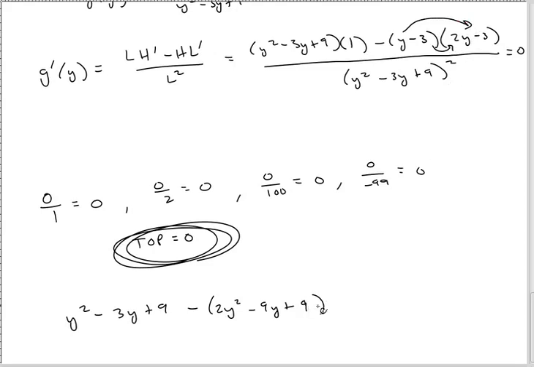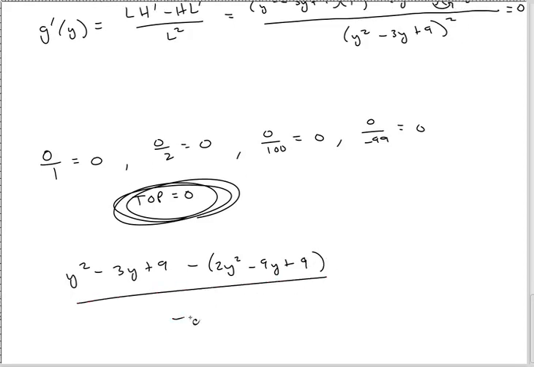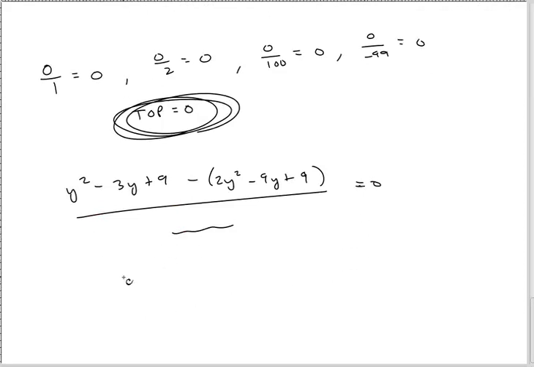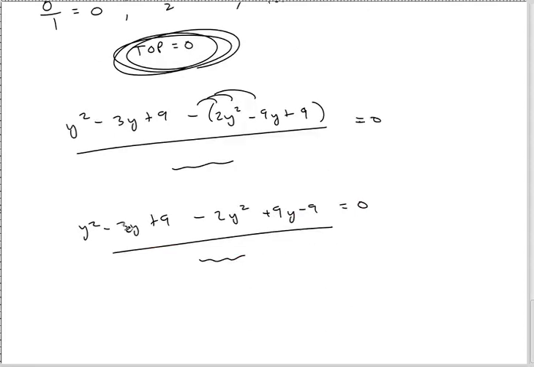Okay, distribute the negative. Again, all this stuff here is equal to 0, and I might just forget about the bottom entirely, because we don't need the bottom to solve this thing. It just gets in the way. Again, whatever's in the bottom.